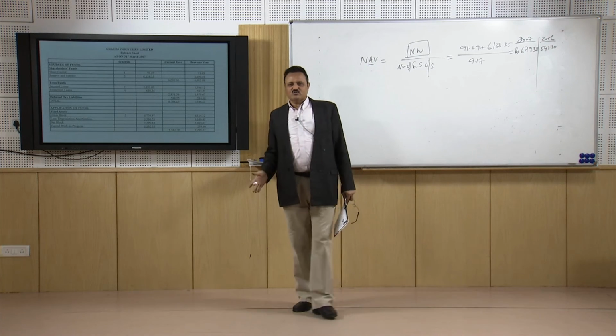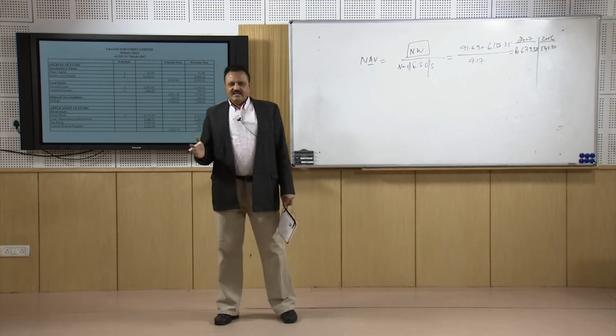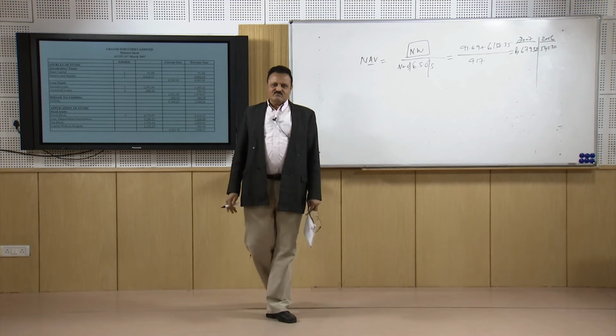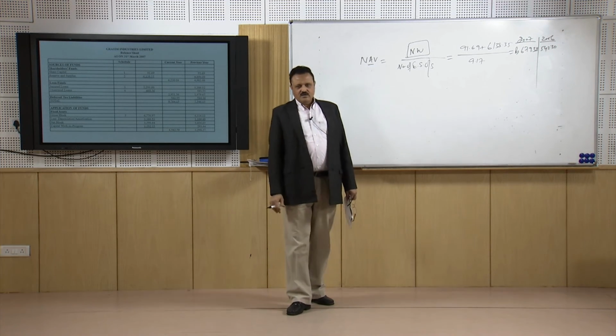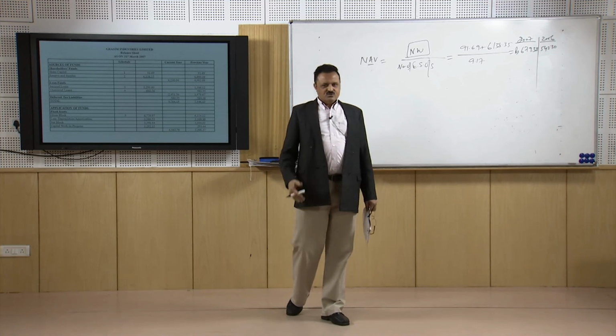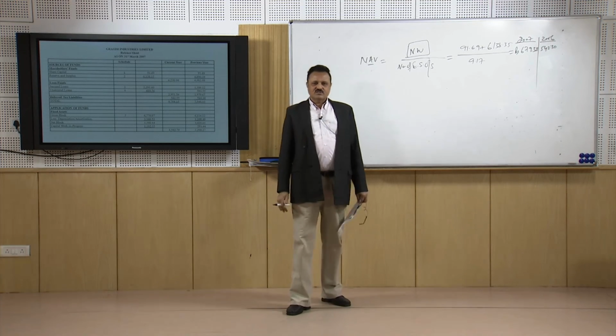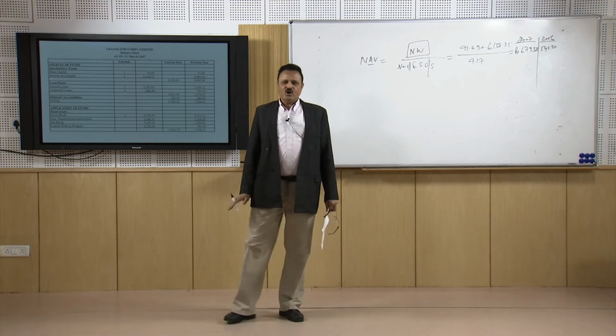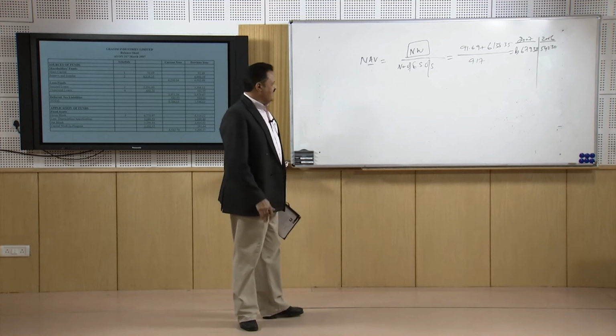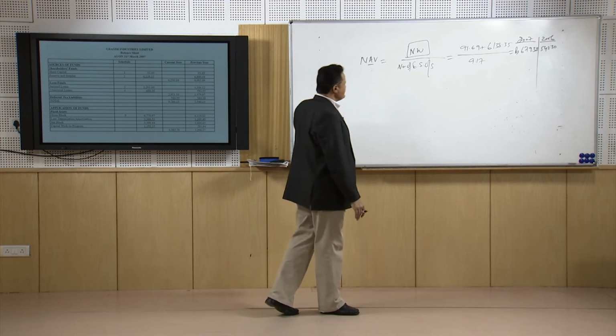So if you sell off the total assets in the market today, first of all we will settle the claims of the loan providers, the lenders. Both secured and unsecured loans have to be paid first, and then after paying all external liabilities, whatever amount is left will be given to the equity shareholders.